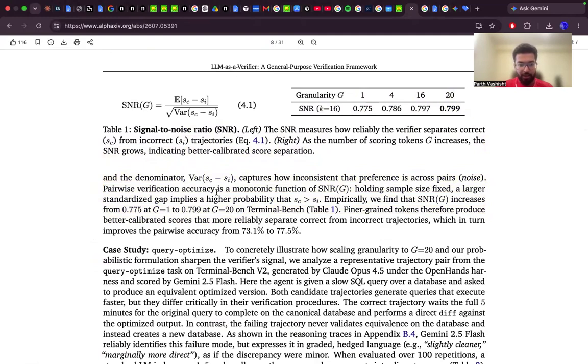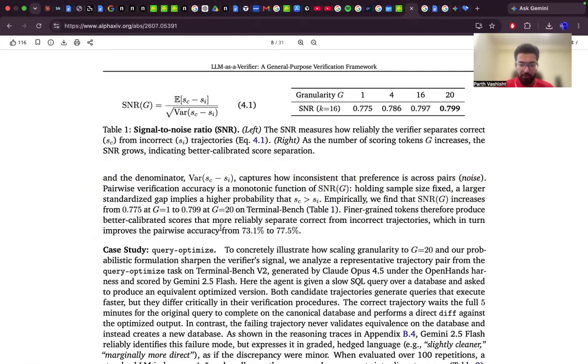So pairwise verification accuracy is a monotonic function of SNR_G, holding the sample size fixed. A large standardized gap implies a higher probability that S_C is greater than S_I. Empirically, we find that SNR_G increases from 0.775 at G equal to 1 to 0.799 at G equal to 20 on terminal bench.